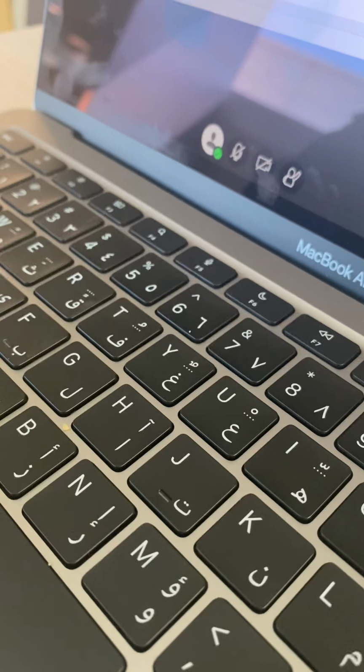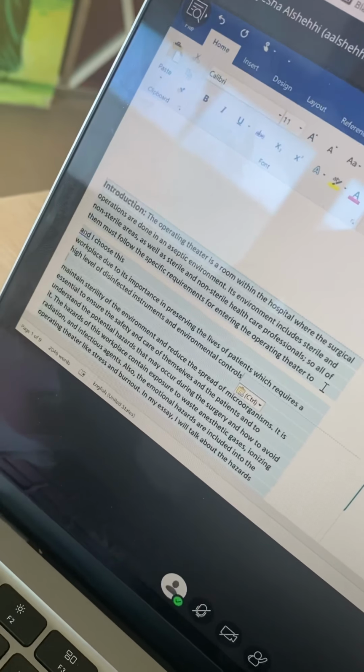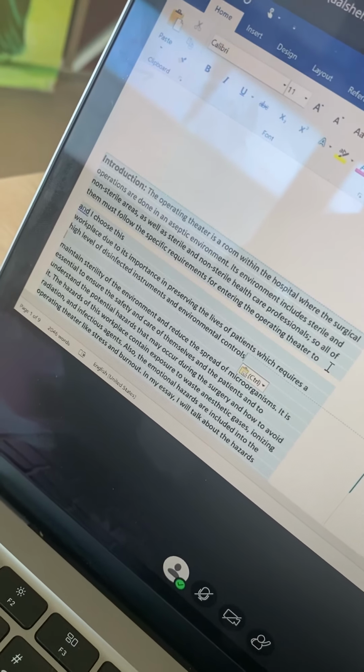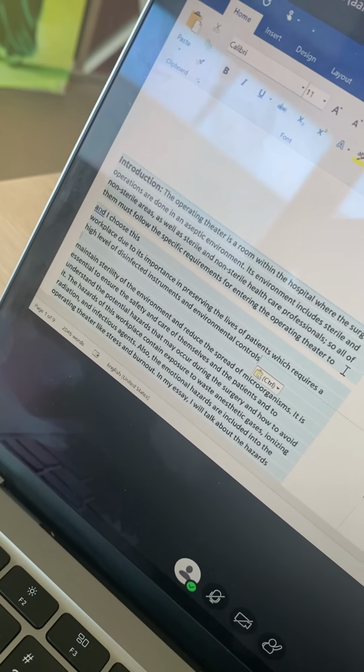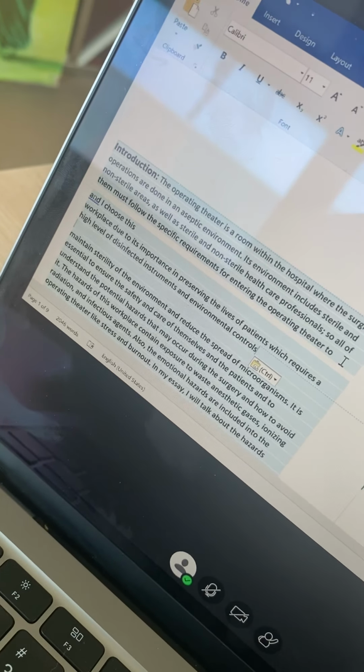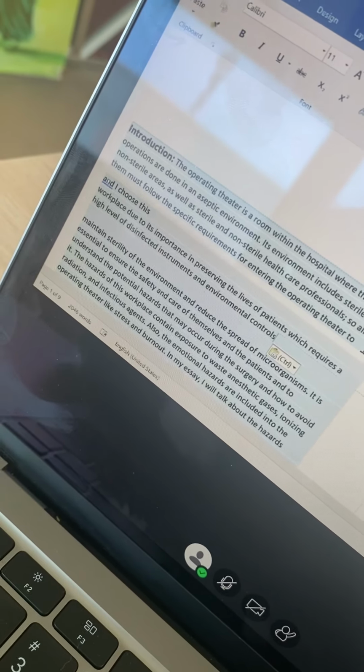So this is why I chose this workplace, because it's reserved for lives and this and this and this. In this report, the aim is to talk about all the hazards found in the theater room, how to control them, and what the best PPE to wear in this workplace.